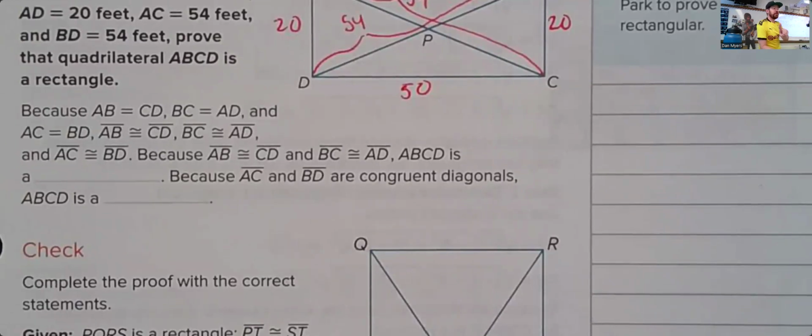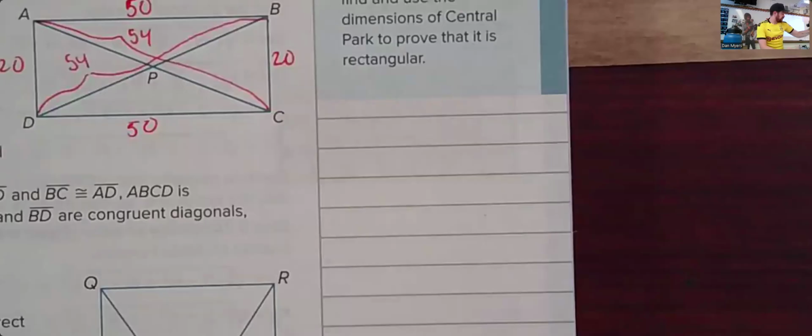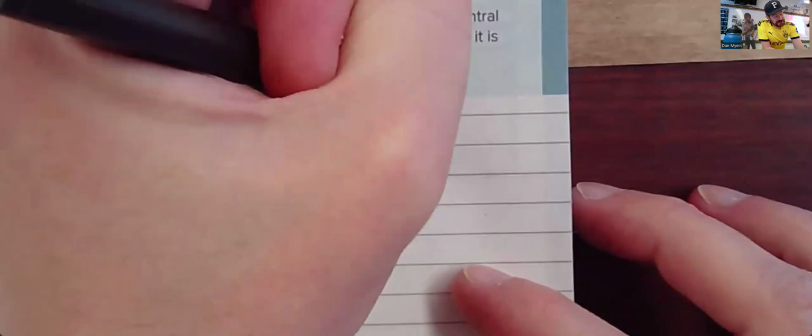By the way, the reason why a quadrilateral with congruent diagonals isn't necessarily a rectangle is because we have things called trapezoids. So just for quick reference here, off to the side, if you want to draw this, you can, but you don't necessarily have to.